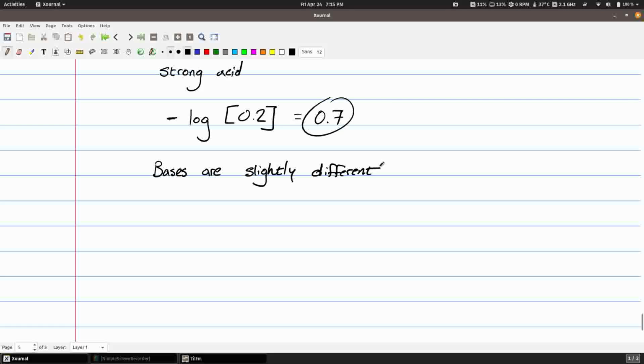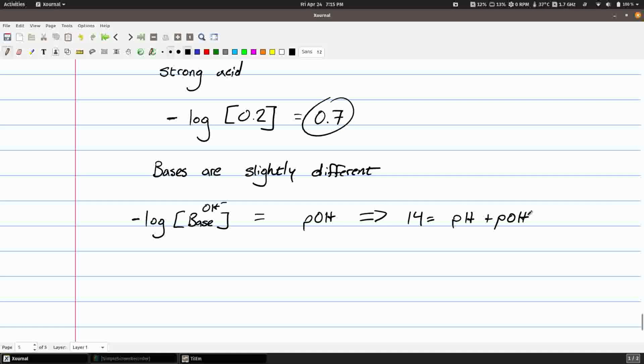With a base, we have to calculate the pOH. So negative log of the base concentration, or OH, whatever you want to write, equals the pOH. If you remember, 14 equals pH plus pOH.